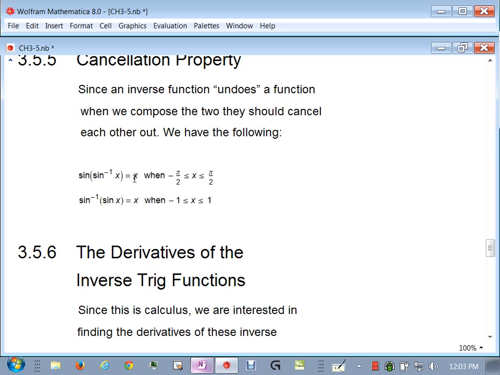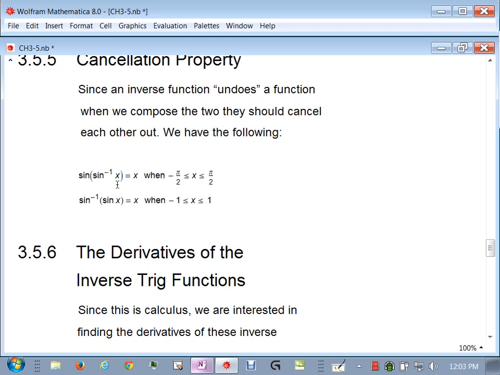But we have to be careful, because whatever x is in here, the inverse sine of something is going to, you know what, I think I've got these backwards. I need to fix this. You take sine of an angle, don't you? These two are backwards. I have my domains flipped.